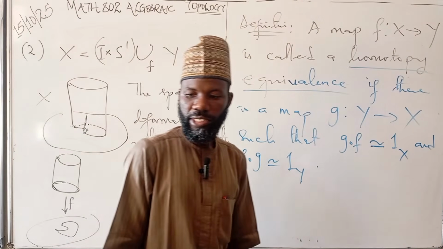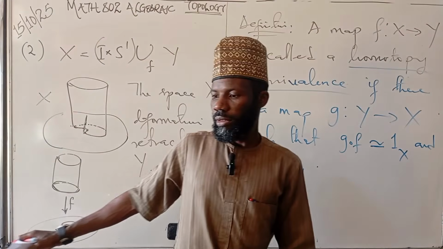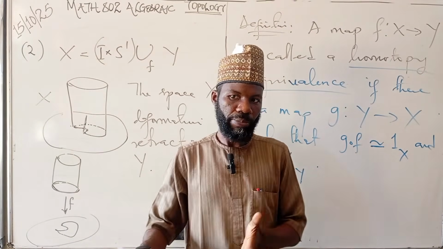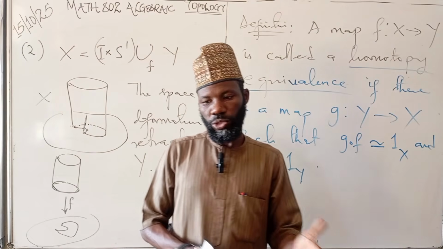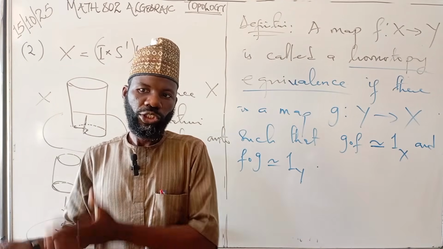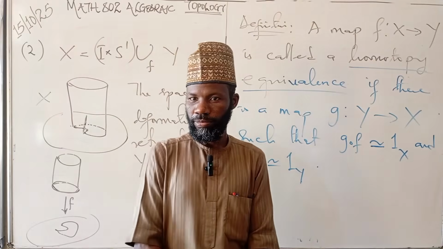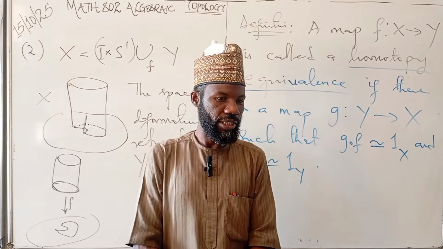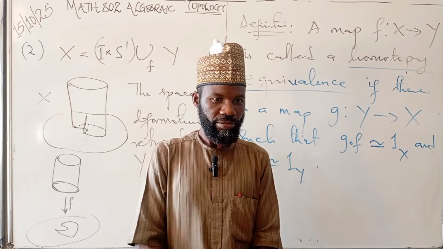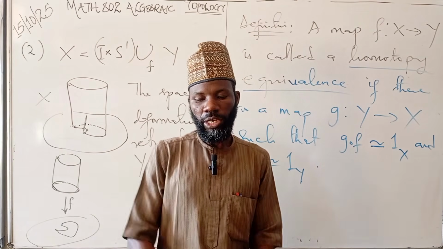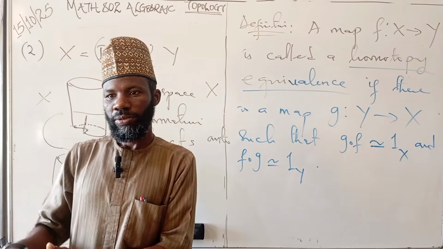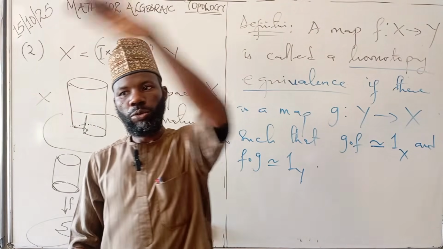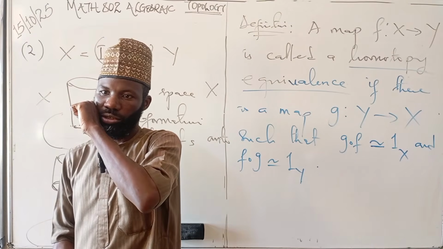I don't know whether you noticed that when we talked about being homotopic as mappings, if F is homotopic to G, then G is also homotopic to F. So that concept is also symmetric. And if F is homotopic to G and G is homotopic to H, then F will be homotopic to H, so it's transitive.